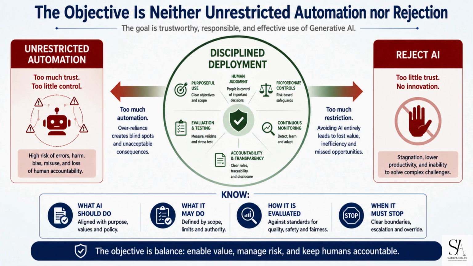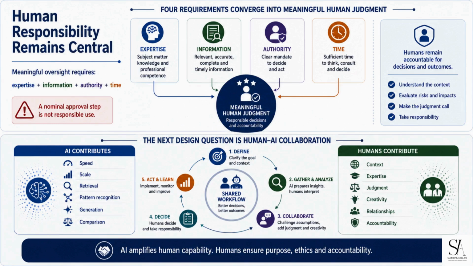This leads to an important conclusion from the governance discussion. The challenge is not only to control generative AI, it is to determine how people and AI should work together once the technology becomes part of a real professional workflow. Generative AI can contribute speed, scale, retrieval, pattern recognition, generation, comparison, and routine information processing.